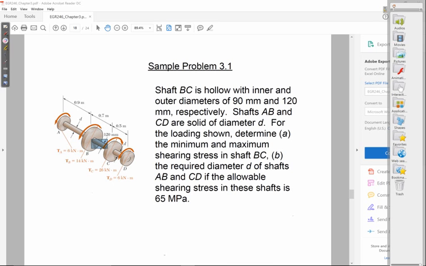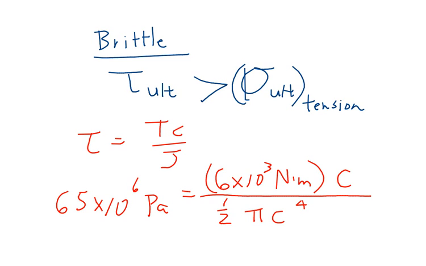When we dealt with problems with tension compression, we had composite rods, as you recall, right? And then we were asked to find the deflection at the free end. That was the first type of problem.